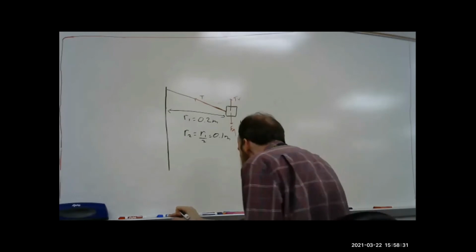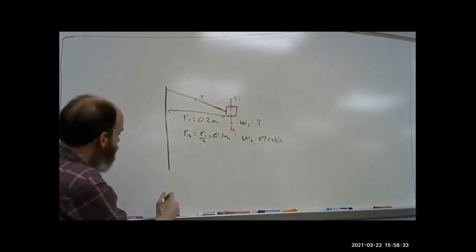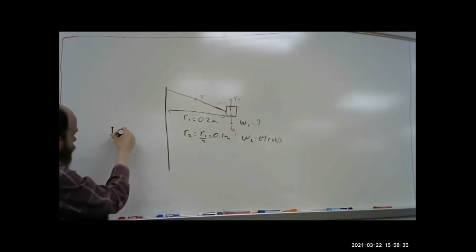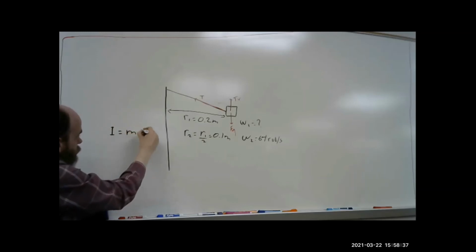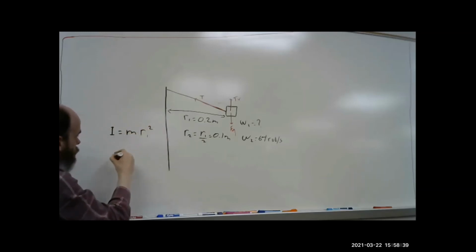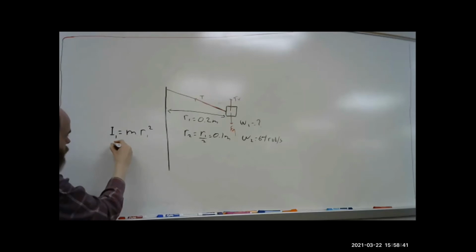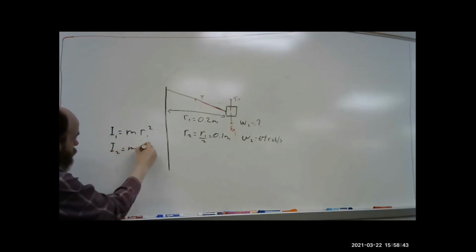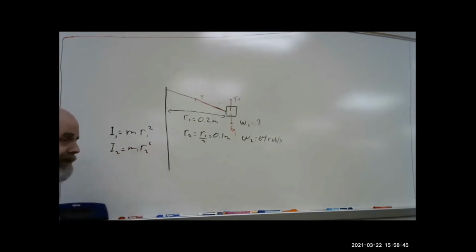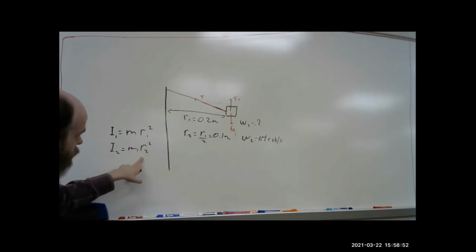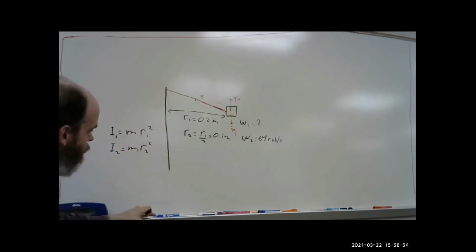Now let's look at the moment of inertia. So I1 is just m R1 squared, and I2 is m R2 squared. We just consider this stopper to be a point particle, which is at a distance of R1 or R2 from the axis of rotation.